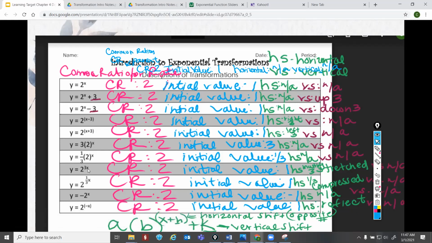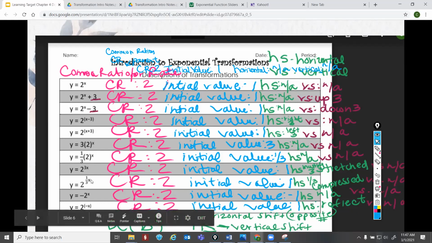I see what you're asking. You're saying if it was written out like this, it should be named compressed because that's the opposite. Yes. So put compressed there instead. Sorry about that. And so this one would be what? This would be stretched by 3. So we need to fix that.